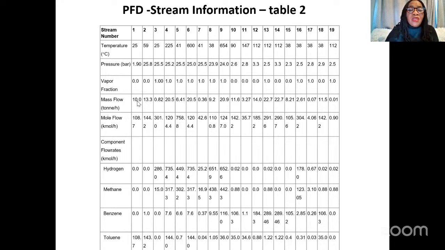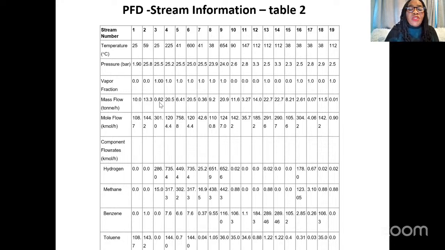Then stream 3, also under mass flow, we have 0.82. We're looking at the mass flow balance, the material balance. So 10 here plus 0.82 will give you 10.82. That is the input we have put in from stream 1 and stream 3.